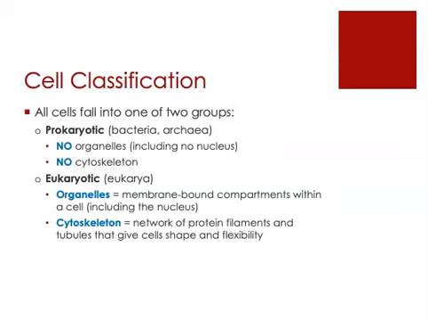So if you think about the organs inside your body and how each organ has its own particular physiology, it has its own particular job to do. Organelles are very similar. Each organelle inside a eukaryotic cell has a specific job to do, a specific function or short list of functions that it does for the cell.